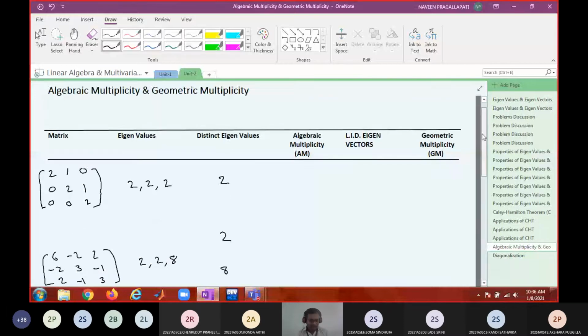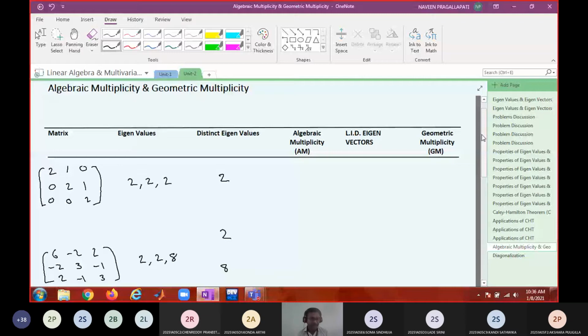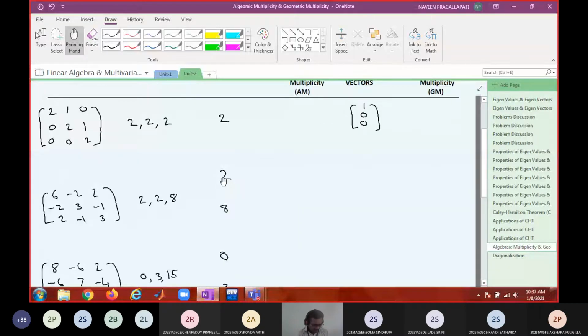Now can you tell me the independent eigenvectors corresponding to lambda equal to 2? Corresponding to lambda equal to 2, what are the eigenvectors you got? I think it is 1 0 0. Yes. Okay. For the second matrix, for lambda equal to 2, what are the eigenvectors?